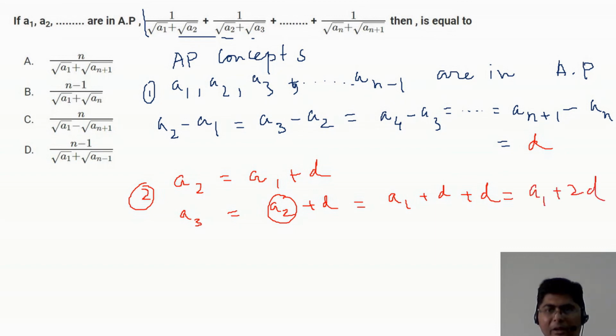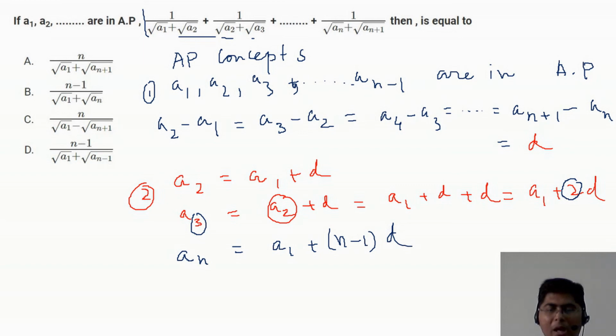Now look here: for the third term, what is written? Just multiplied with d, it's a 2. So here is the third term and here is 2, so that means 3 minus 1. So can we have a general formula: an is equal to a1 plus (n minus 1) into d? That is our general formula.